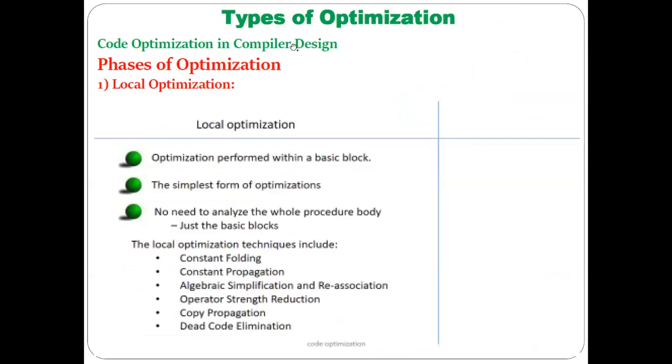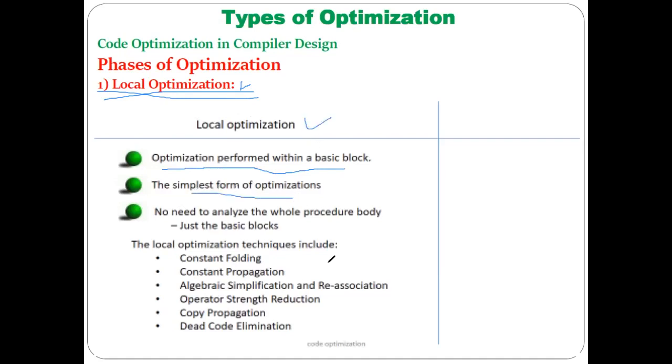Now, related to local optimization, there are different code optimization techniques. Today we'll discuss the different techniques in local optimization. These techniques we have already discussed among the common techniques of optimization, but as a part of local optimization we have to discuss them here. As already discussed, the optimization performed within the basic block is called local optimization.